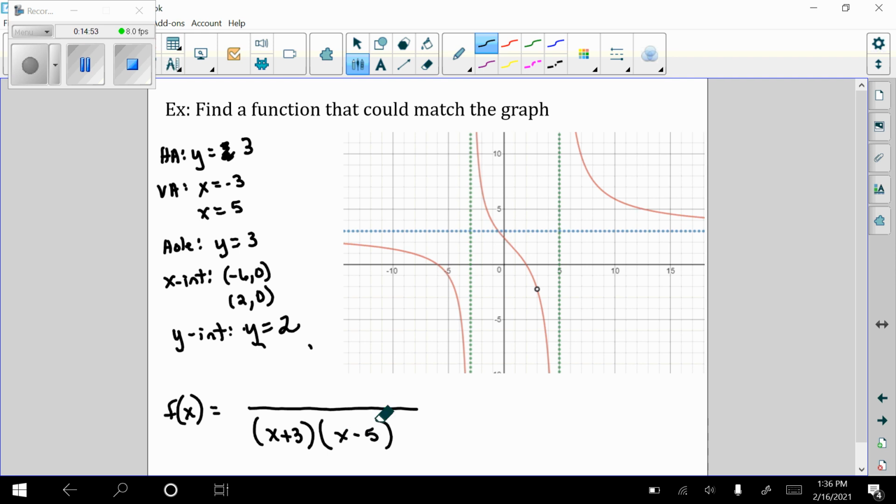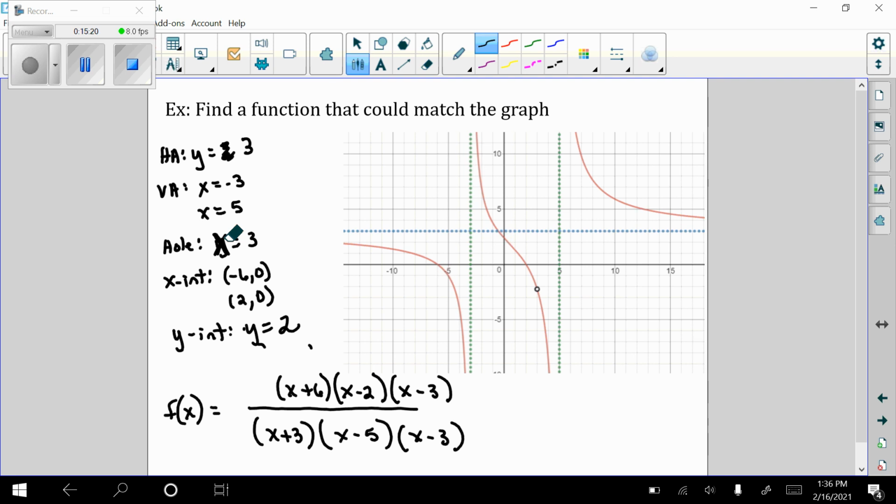For my x-intercepts, I know I need x plus 6 and x minus 2. For my hole, I need x minus 3 and x minus 3. This should be x equals 3, not y equals 3.